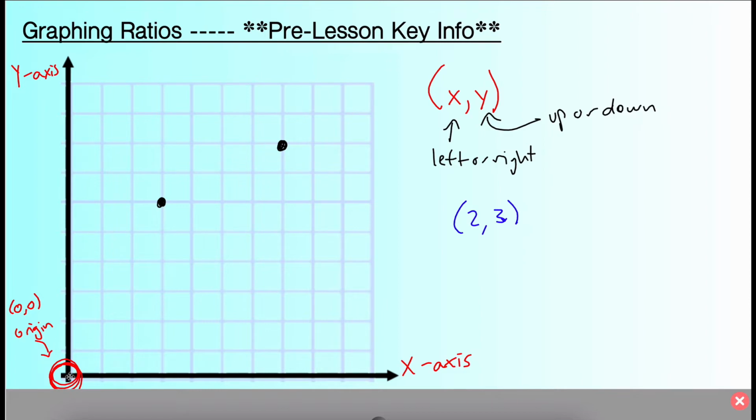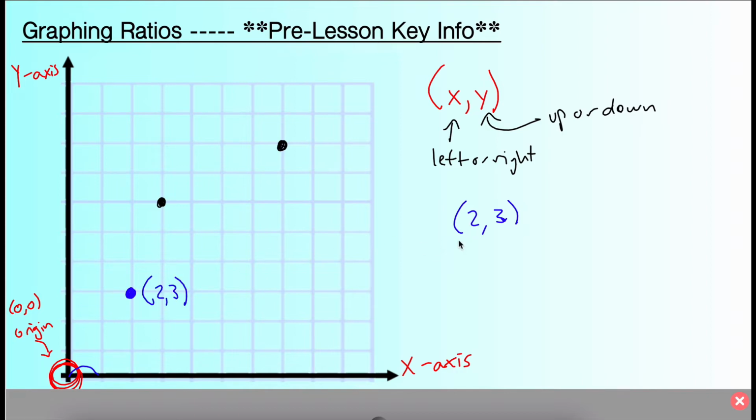We're going to begin at 0, 0, and we're first going to move to the right 2 spots. 1, 2. So I'm here, you can see where my mouse is. And then the second number, the y value, tells me to move up 1, 2, 3. And I end right here at 2, 3.